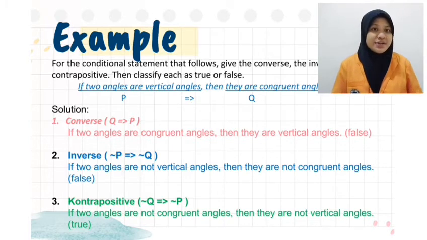Second, inverse. If not P, then not Q. If two angles are not vertical angles, then they are not congruent angles. It's false. The last, third, contrapositive. If not Q, then not P. If two angles are not congruent angles, then they are not vertical angles. It is true.